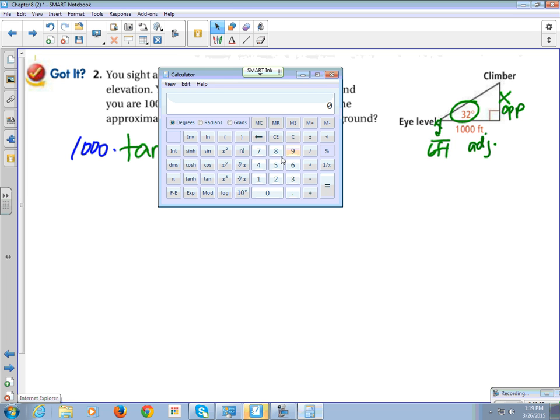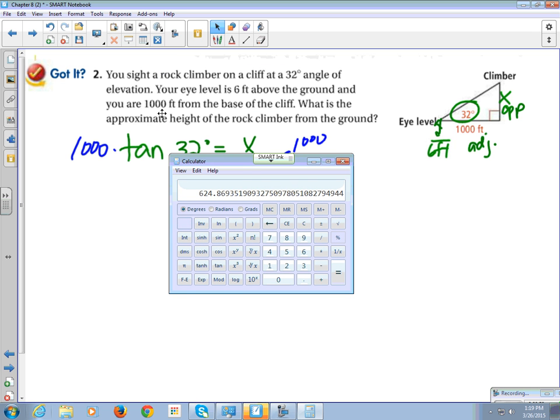And on my calculator, it's going to be 32 tangent times 1,000. And that's 624.8. I'm going to round to the nearest foot, so that's 625.